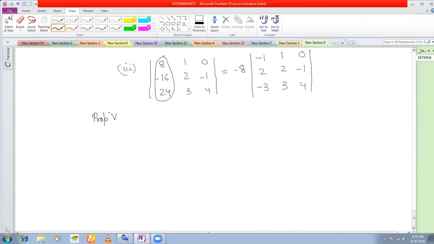Property 5: any determinant can be expressed as a sum of two or more determinants.